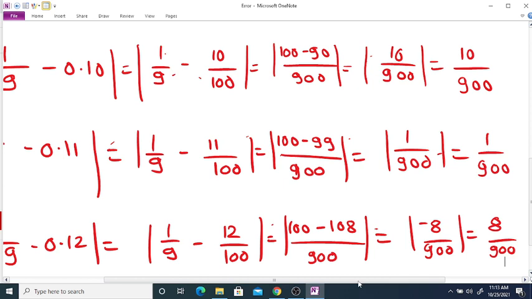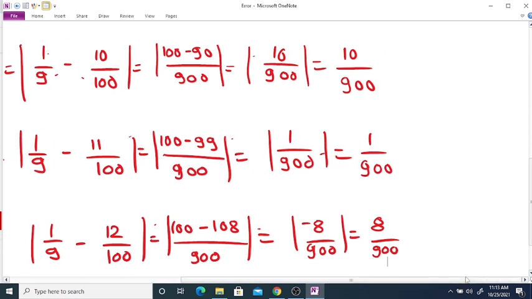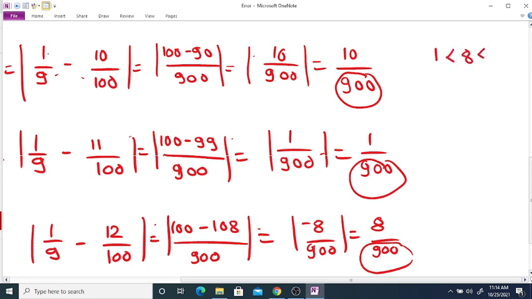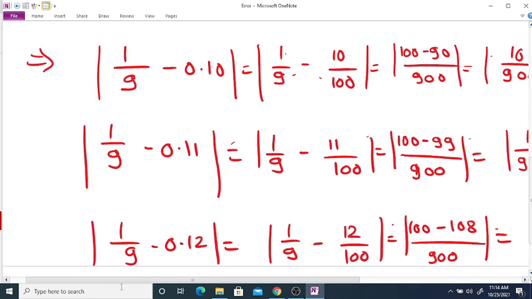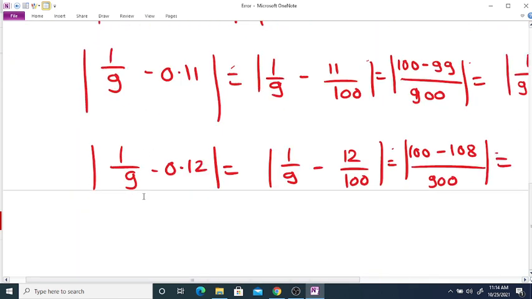Now from these three numbers you can see that the denominator is the same, 900, 900 and 900, and we know that 1 is less than 8, which is less than 10. So 1 by 900 is the least error as compared to the other two numbers, and therefore, since the error is less, that approximation is the best approximation.